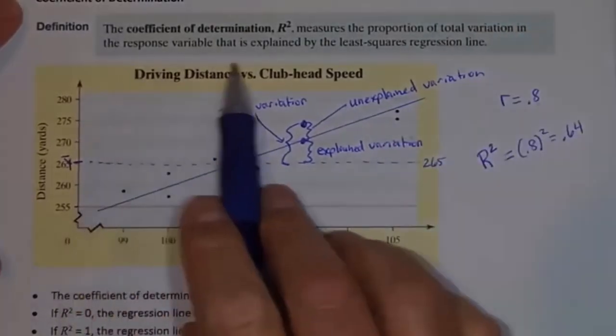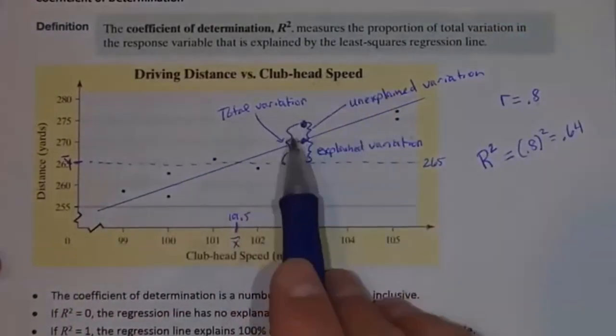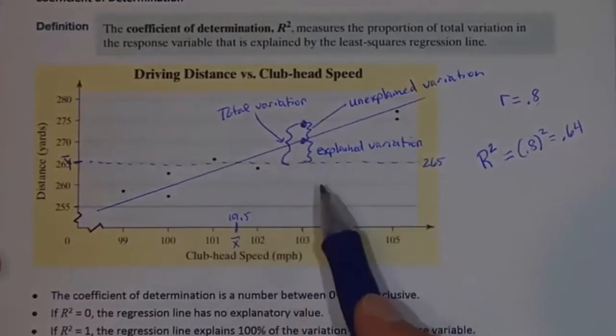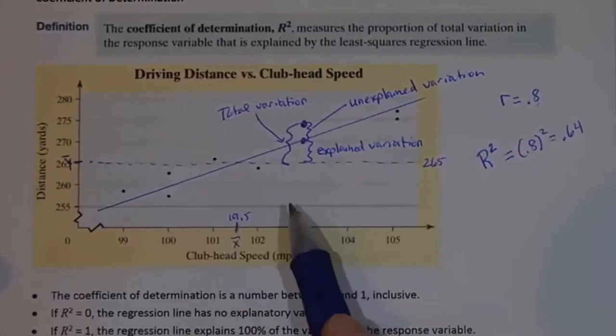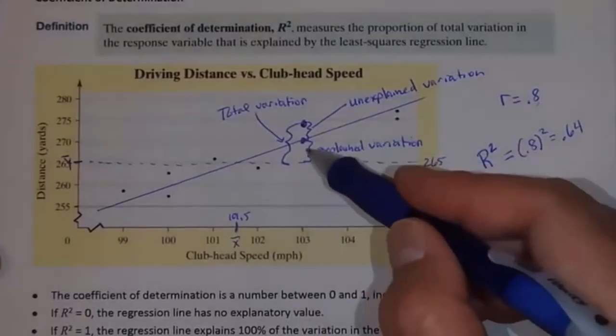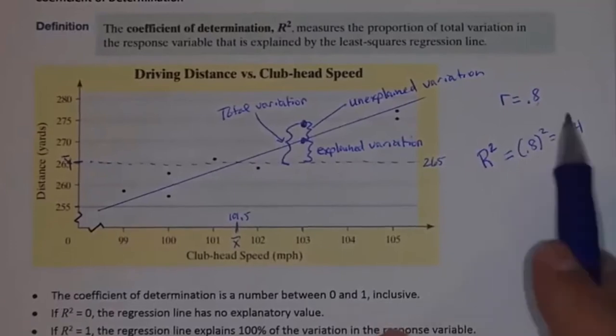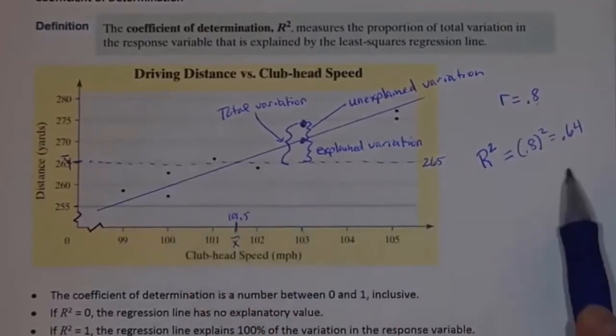So again, what this coefficient of determination is doing is it's telling me the proportion of the variation in the response variable that can be explained. So it's giving me the proportion of the explained variation. So again, I made this up. This does not relate to the golf problem at all.